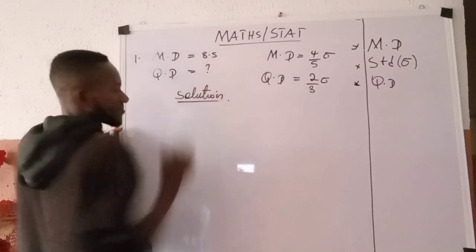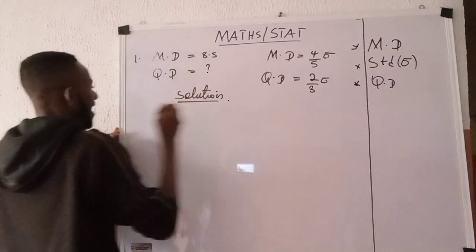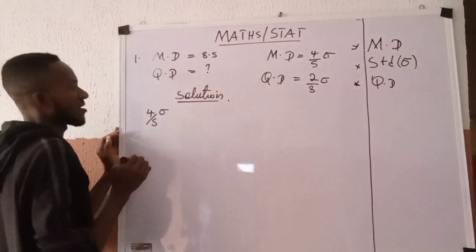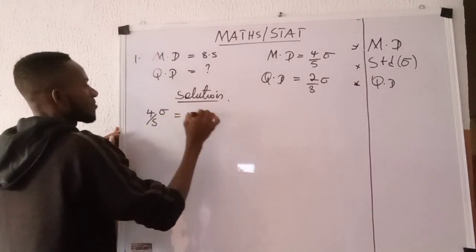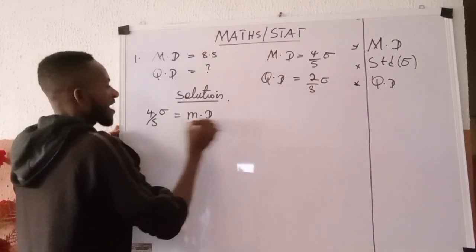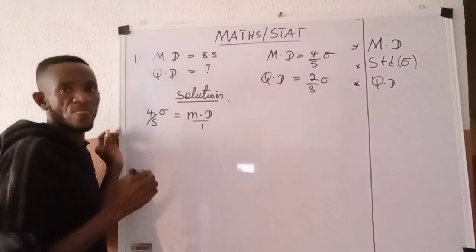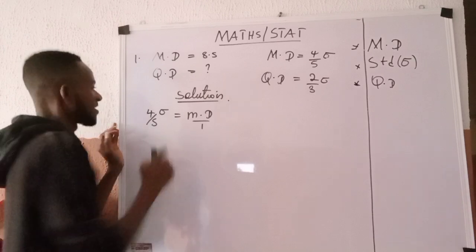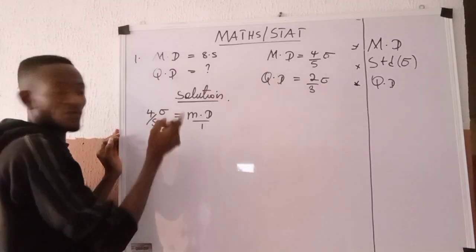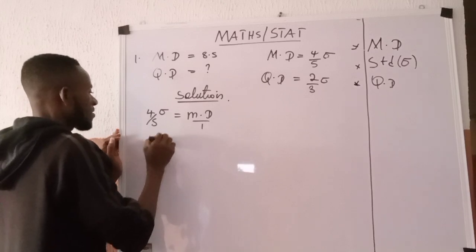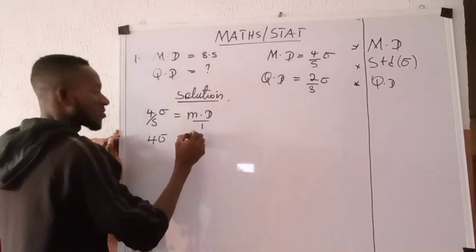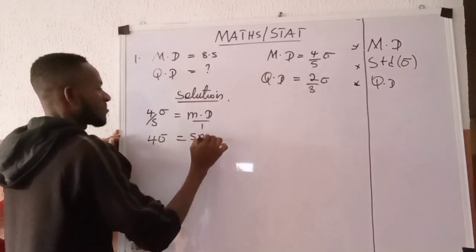So what I have here is that 4 over 5 sigma equals M.D. For convenience, I can write over 1. Then I can cross multiply. 1 times 4 sigma is 4 sigma. So I have 4 sigma equals 5 times M.D.